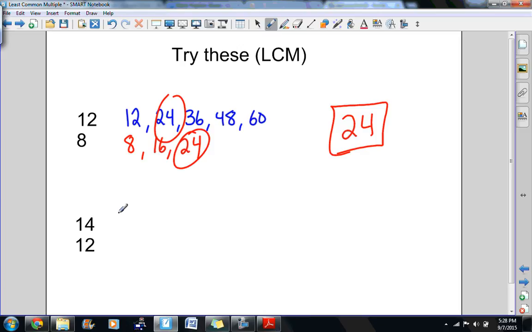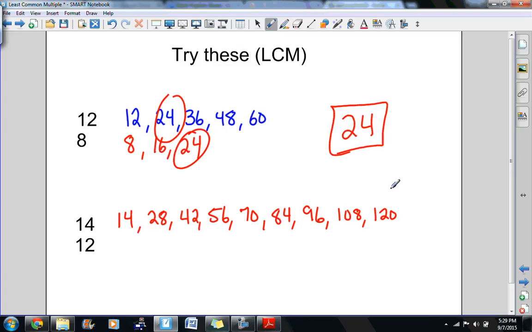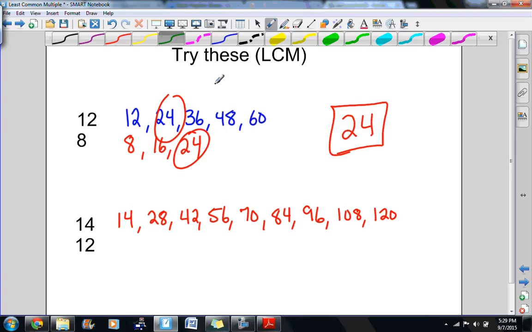Okay, and so it takes a bit more time. But I'll tell you, this bottom one is about as tough as it's going to get. 56, 70, 84, 96, 108, 120. And now since I know what the answer is, I'm going to stop here.